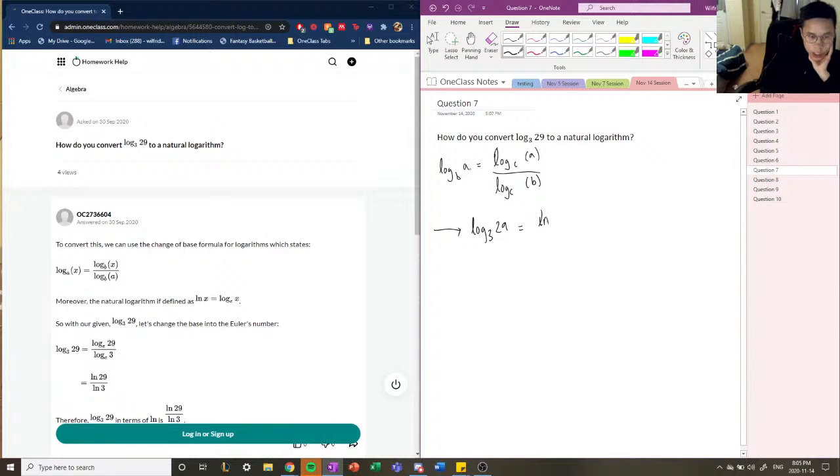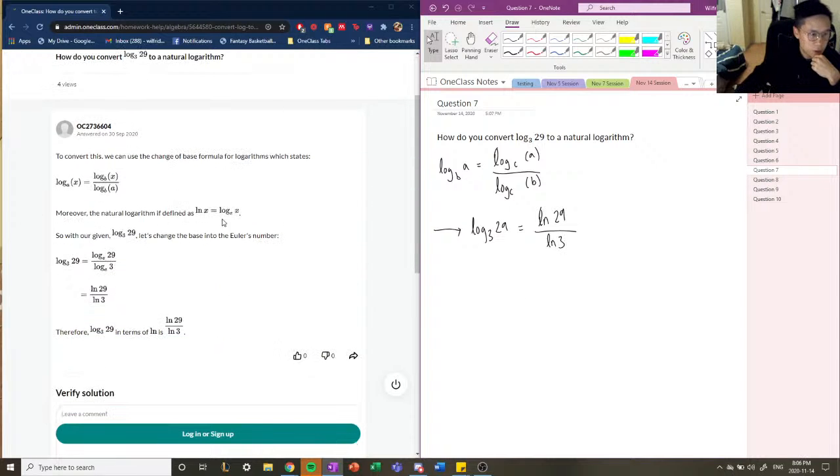So we take the argument and put it at the top, ln of 29. And then we take the base of the original logarithm and put it at the bottom. So this is our change of base, and we've now transformed log base 3 of 29 to a natural logarithm, which is the division of ln 29 divided by ln of 3. So this number is going to be represented in a natural logarithm, or we can calculate it out into an actual number.